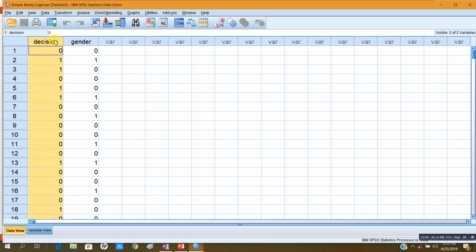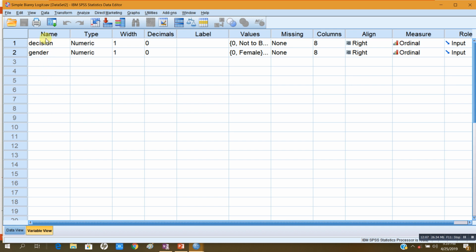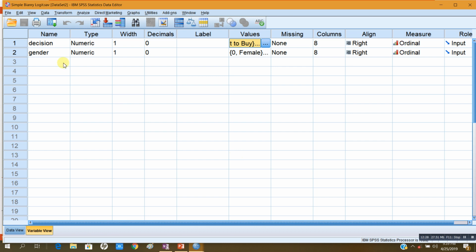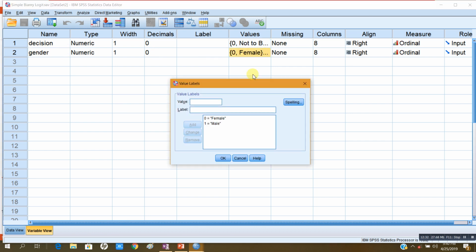Let me also show the variable view, and here are both the variables, that is the decision variable, and here are its codes. 0 stands for not to buy a car, and 1 indicates that a particular person takes a decision to buy a car. And similarly, there is a gender variable, and a gender variable is also a dummy variable, and here is its explanation. 0 stands for female and 1 stands for male.